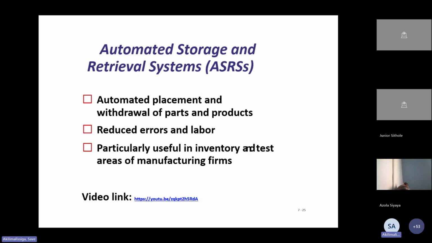Let's now talk about automated storage and retrieval systems.